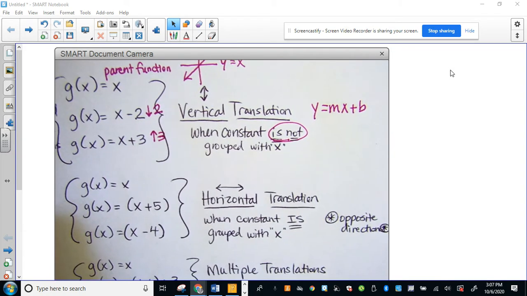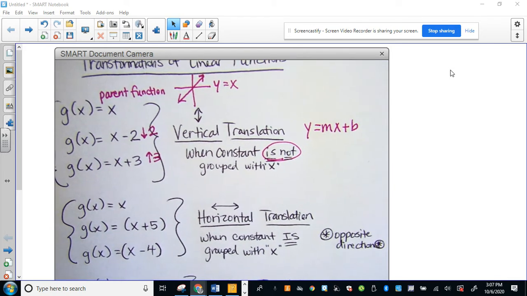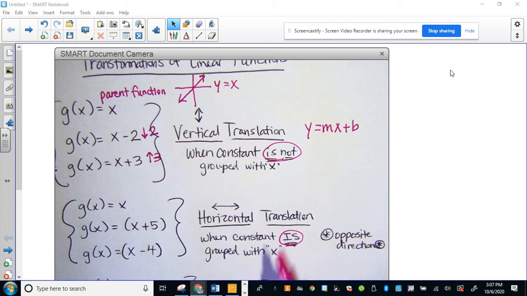Then we have something different. This is a horizontal translation. Again, now would be a good time to pause to get this section copied for horizontal. So for horizontal, notice that the constant, the number, is grouped with the x. And when I mean grouped, that means it has a set of parentheses to group them together.